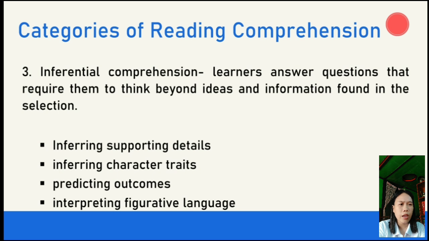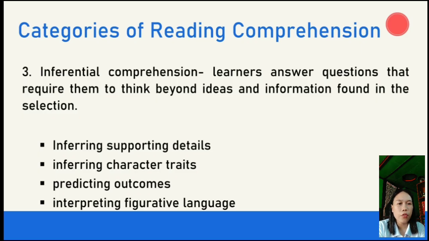Then in inferring character traits, the question could be, what kind of person does the monkey represent? Then for predicting outcomes, the teacher could ask, what could the monkey have done when the tortoise came out of the water laughing? And in interpreting figurative language, the question could be, what is meant by the monkey when he said not even a bit of a skin?